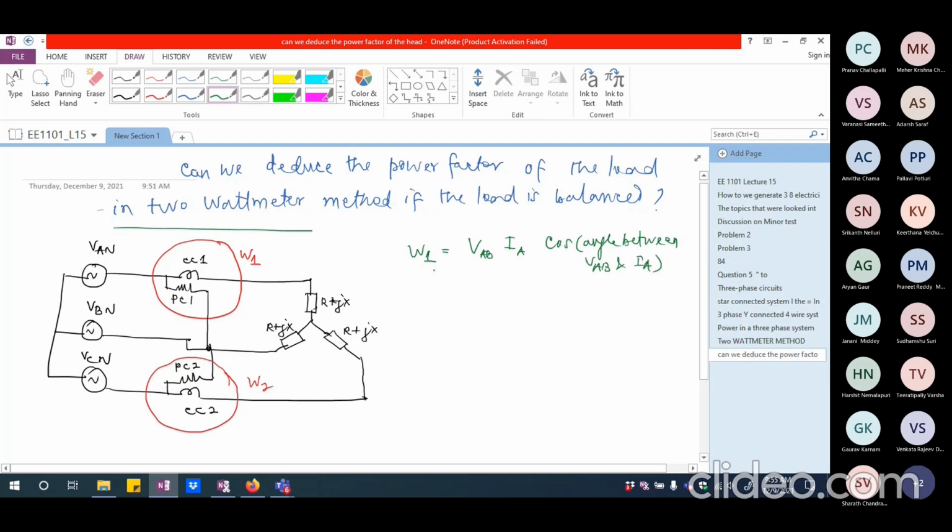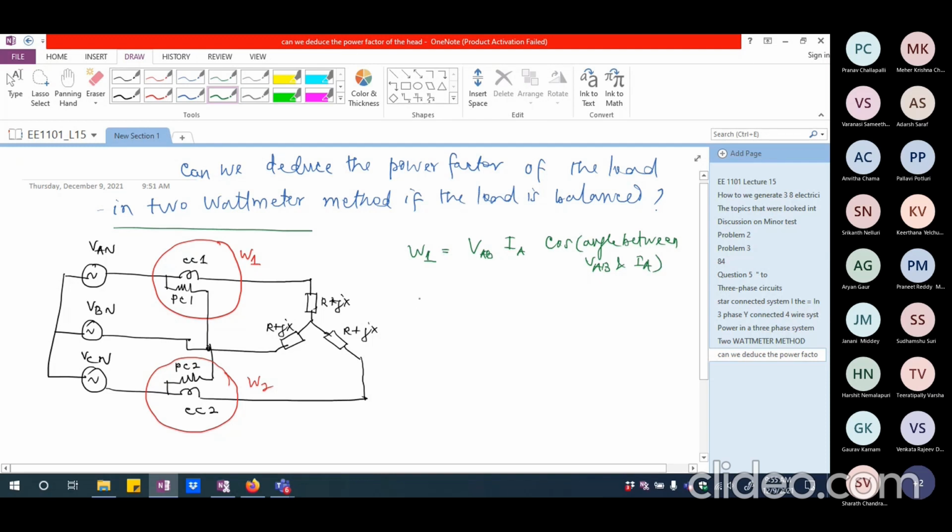This is what we said, as the force will be developed between the voltage that is being applied and the current that is being applied to the voltage coil and current coil respectively. And whatever is the angle between them, that is going to play a vital role in deciding how much is the force that is being developed. So that is the reason why I am writing like this. Okay.